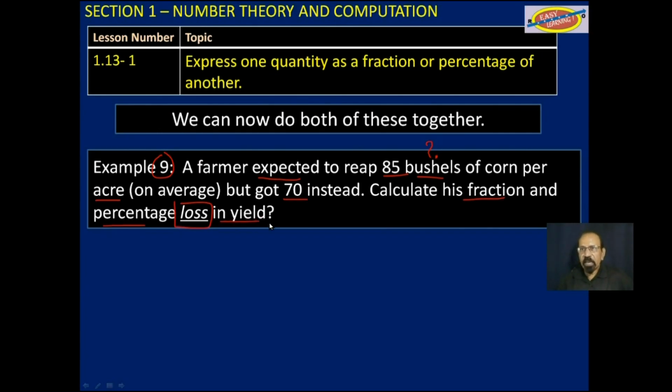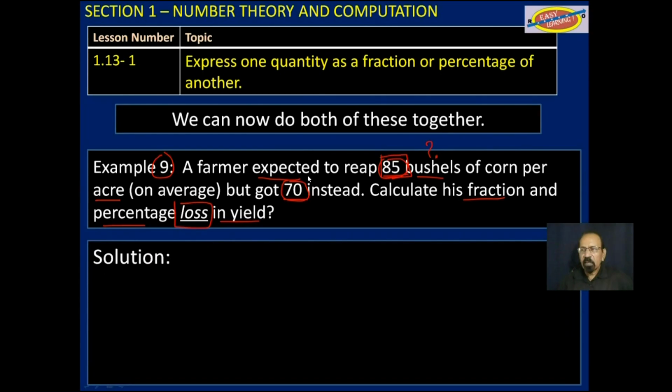So he expected to get 85 bushels, whatever that is, but instead he got 70. So he actually lost 15 out of the expected 85, not out of the 70. So 15 out of the expected 85, he fell short, and that gives us 3/17 as a fraction.